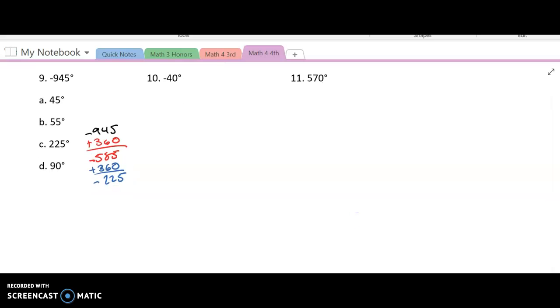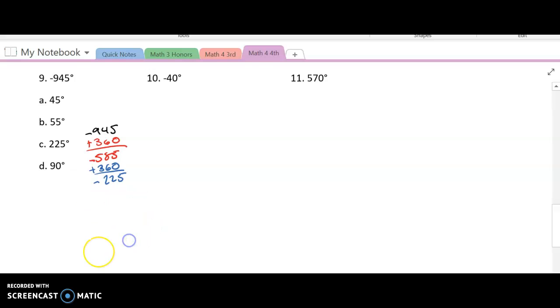So what I like to do when I have reference angles is I like to draw it just a little bit. So our angle, we see that it goes around once, and then twice, and then it goes around 225. And I just made a mistake.